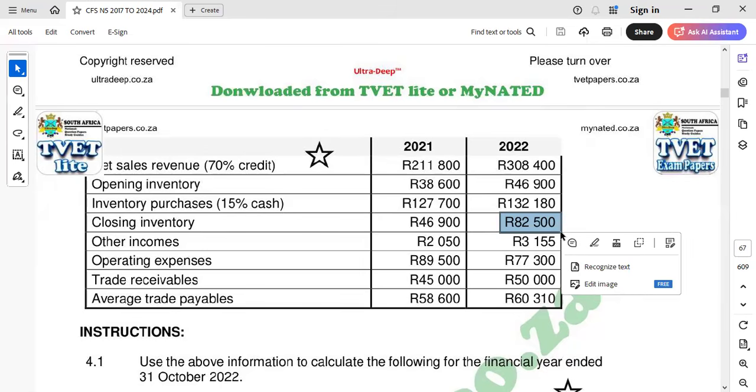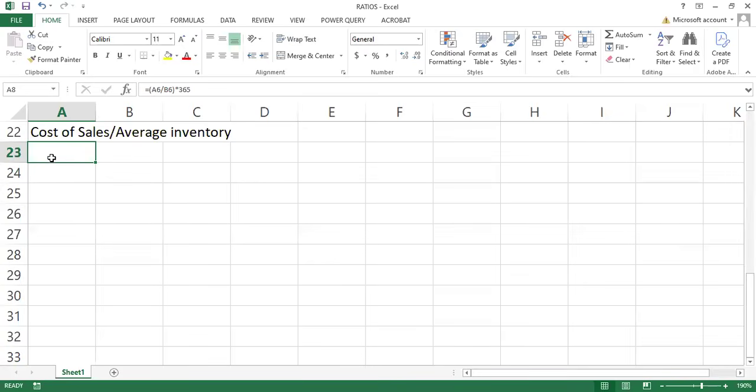Okay, let us do the cost of sales first. Remember, we are looking for cost of sales.